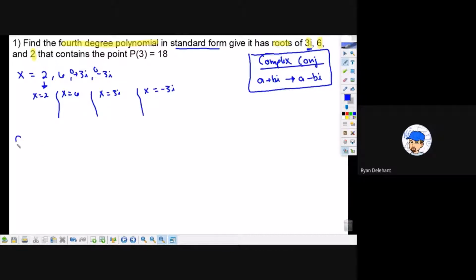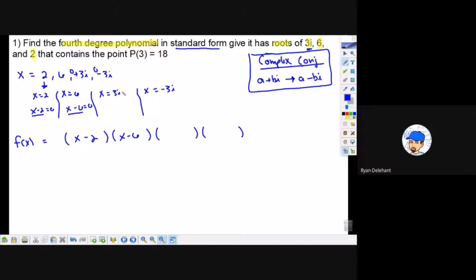And that'll tell me what was supposed to go inside the parentheses for each one. So when I solve this, I get x minus 2 equals 0. So this one is x minus 2. They were both positive, yes they were. x minus 6, so that one's x minus 6.